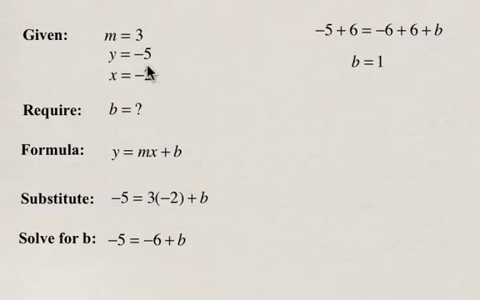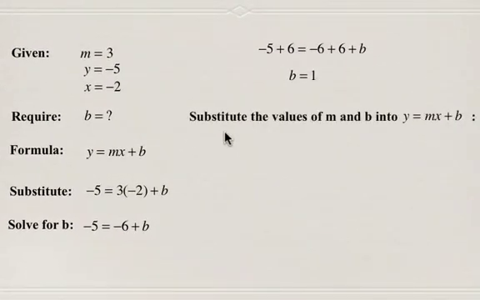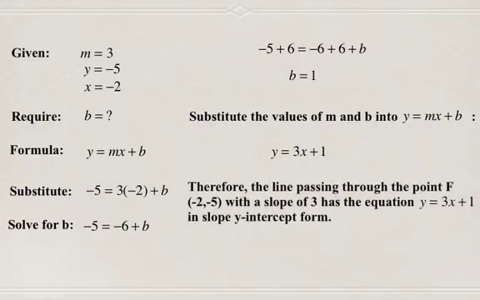So now we have our slope and our y-intercept. When we sub the m and the b value into y equals mx plus b, we end up with y equals 3x plus 1. This is the equation of the line that passes through the point -2, -5 with slope 3.